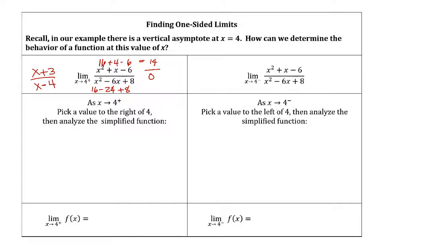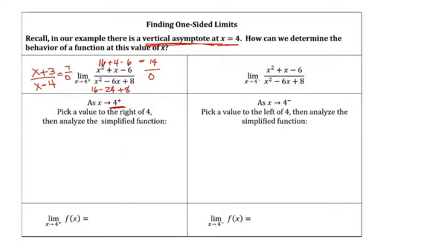So, after we plug in a 4 here, we're going to get 7 over 0. So no matter which one you use, you are still getting a number over 0, which means that we have a vertical asymptote at x equals 4. It's a non-removable discontinuity. So, again, that's why we had to analyze these numbers to the right of 4.